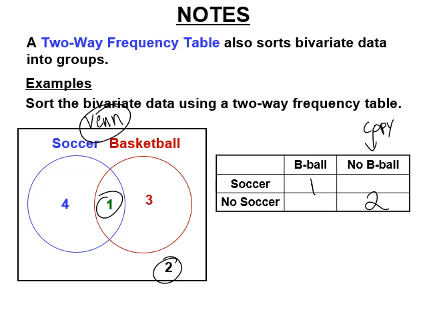Then we have 4 people that yes for soccer, no for basketball. And we have 3 people who are yes for basketball and no for soccer. So same data using a different sorting technique, a two-way frequency table. And it's bivariate, it's two-way because you can read it across and you can read it down. Those are the 2 ways.